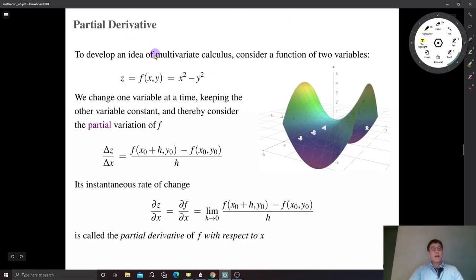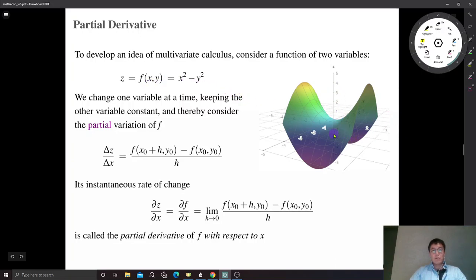In order to develop some idea, let me start with a simple function. Here the function f of x and y depends on now two variables, x and y, and the output is denoted by z. Now in order to graph this function, we need a three-dimensional space. Here is the graph of this multivariable function.